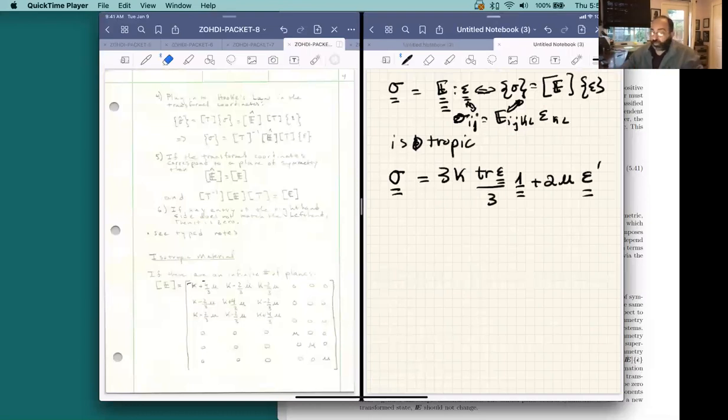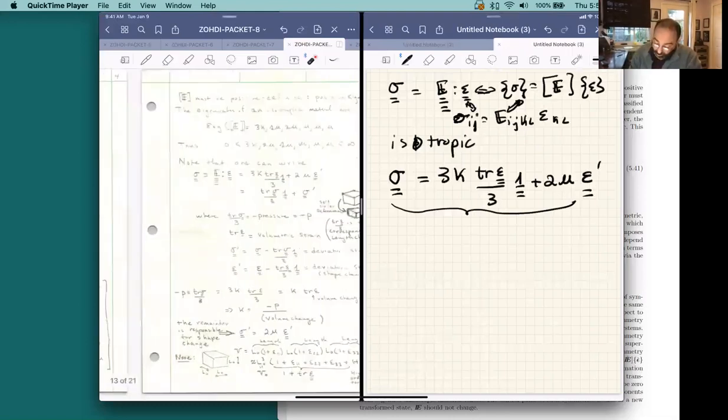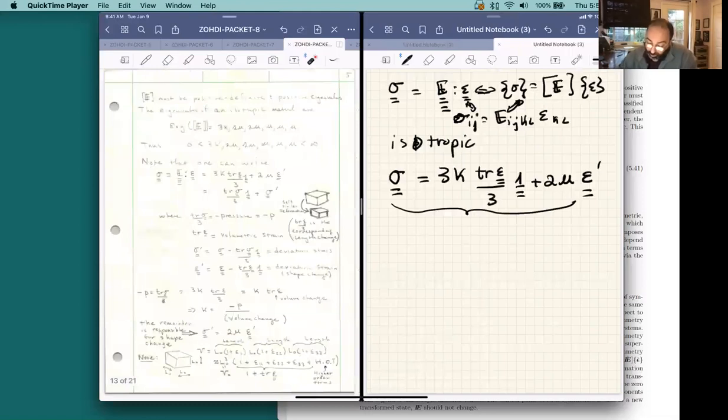It's kind of a thing that jumps up out of nowhere, but that essentially is exactly the constitutive law. When we write everything in terms of kappa and mu, it can be written in this very compact notation that I'm showing you there.